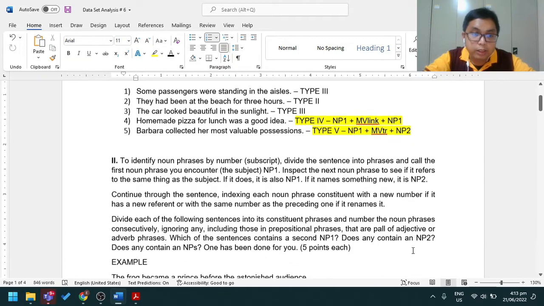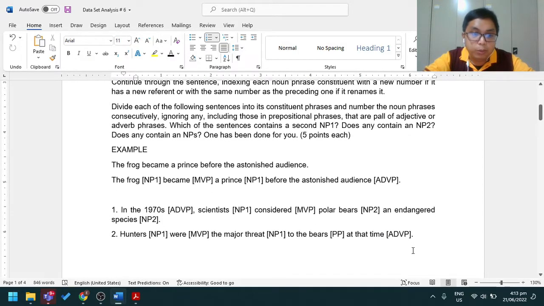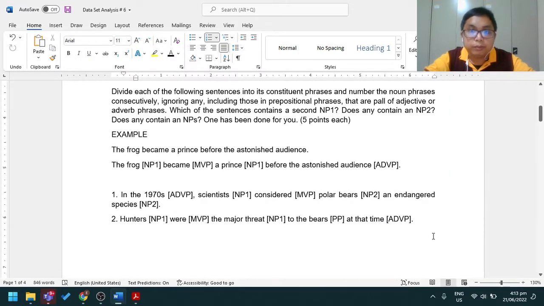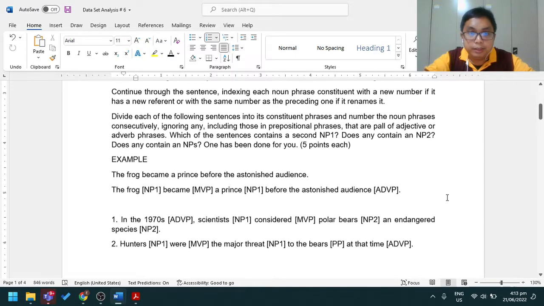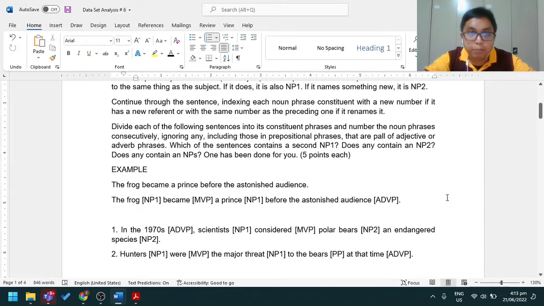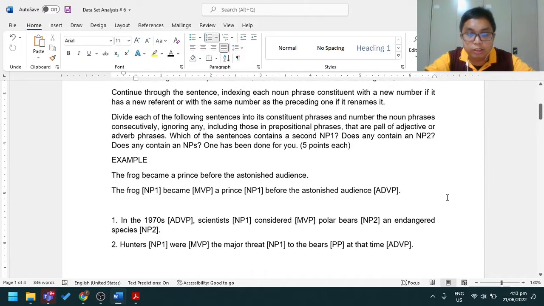Now, what we did on the second part was to put the subscripts for each word, since you need to know whether this is an adverb phrase, a noun phrase, etc. With the instructions given to you, I asked, does any or which of the sentences contain a second NP1?